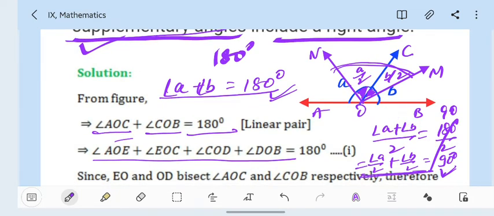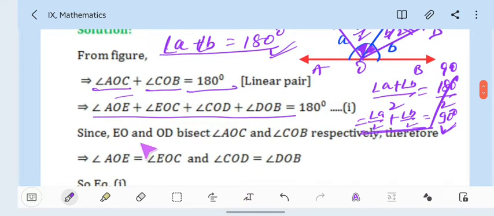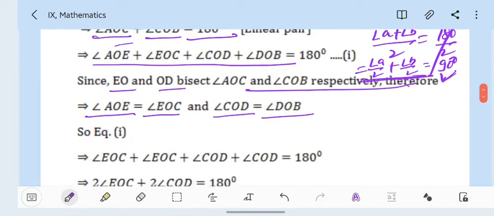So as per this particular answer, it is AOE plus EOC, that is A by 2, plus COD, so this is taken as D here, plus DOB equals 180 degrees. Angles forming on the straight line are also 180. So EO and OD are the bisectors, so we can say AOE equals EOC and COD equals DOB.